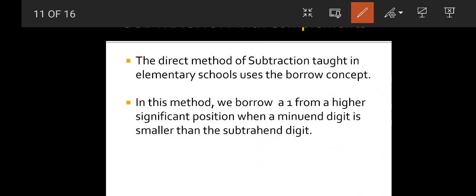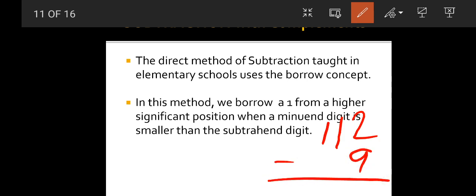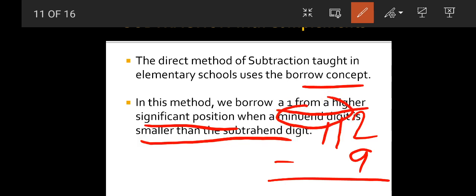How will you use the borrow concept in subtraction of numbers with this given value? For the borrow concept of subtraction, you have to borrow 1 from your higher significant position when your minuend digit is smaller than your subtrahend digit.